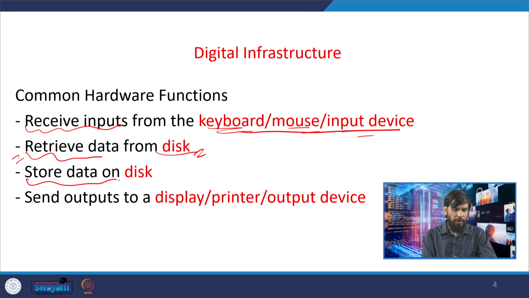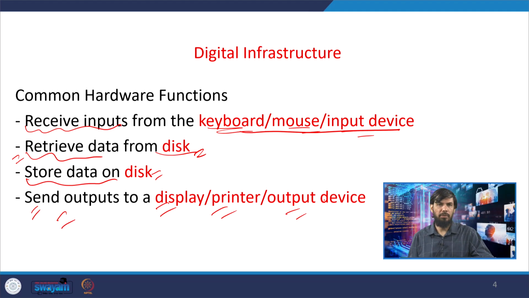Similarly, when you want to store data, you might have something in memory and you are saving that to a file on a disk. So storing data on a disk again becomes a hardware function. Then sending outputs to a display, printer, or output device.